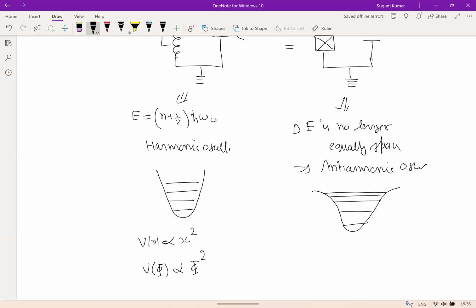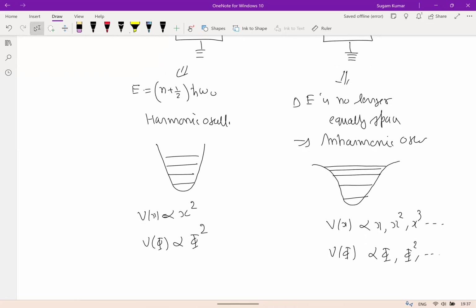But when you talk about an anharmonic oscillator, the potential is not only proportional to x square, but also proportional to x cube, and so on. So here it will be proportional to phi, phi square, and so on.